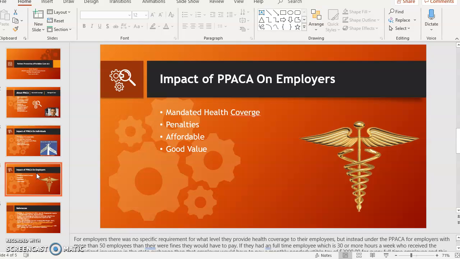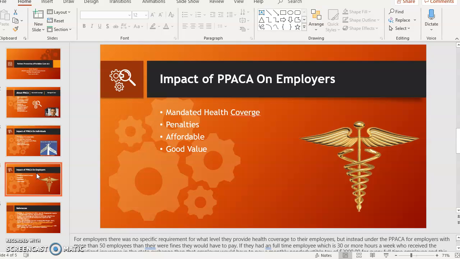The impact of the PPACA on employers: mandated health coverage, penalties, it's got to be affordable, it's got to be good value. For employers, there was no specific requirement for what level they provide health coverage to their employees, but instead, under the PPACA for employers with more than 50 employees, there were fines they would have to pay if they did not provide the minimum coverage required.